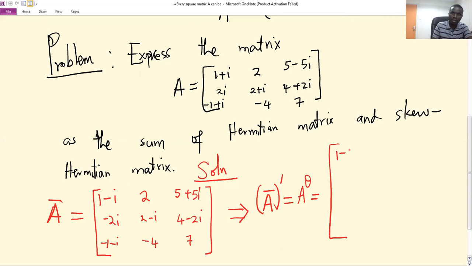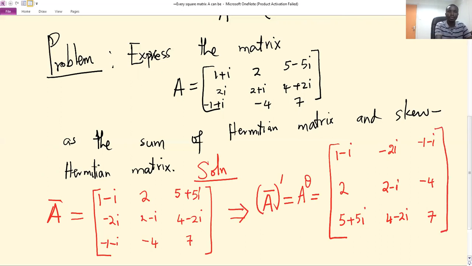So 1 minus i, 2, 5 plus 5i, and then 2 minus 2i, and then 2 minus i, 4 minus 2i, minus 1 minus i, minus 4, and then 7.